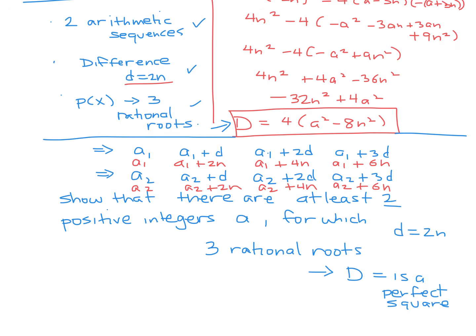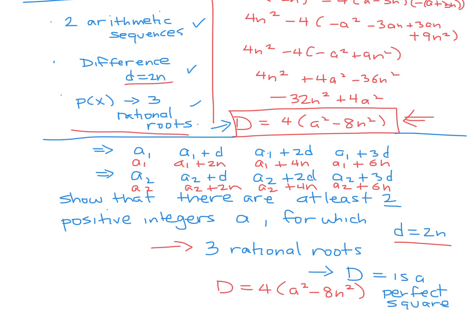The discriminant has to be a perfect square, and we have identified what the discriminant is, so that's really helpful: 4 times a squared minus 8n squared. The common difference is 2n, we got that, and p of x has to have 3 rational roots, and we know what that means. It means that the discriminant is a perfect square. Okay, so we got everything set up, but now I have to actually solve this.